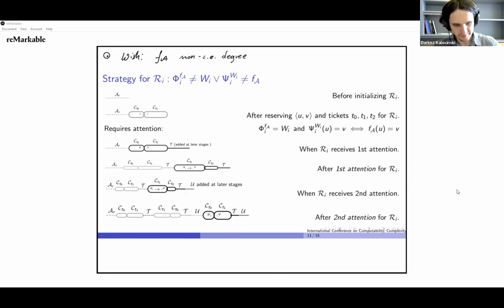So the requirements that we have to make sure of are that FA doesn't compute WE, and that WE does not compute FA for every I. This would mean that the degree of FA is of non-C degree.